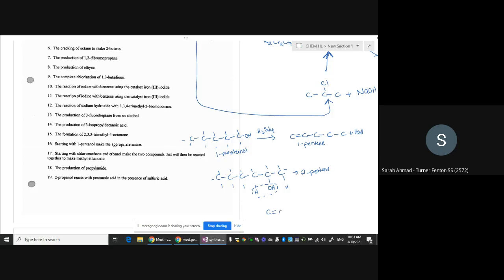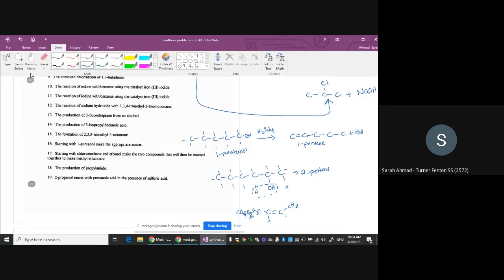Because when I do 2-pentene, I've got a CH3 on this end, and then an alkyl group on the other end, and hydrogen, hydrogen. Here, I only have one alkyl group. So the idea of having these alkyl groups support the double bond forces this sequence as opposed to the other ones. So you just need to be aware of these little nuances. If you were to do 2-pentanol and you went this route, I would close my eyes and pretend they're taking the minor product.